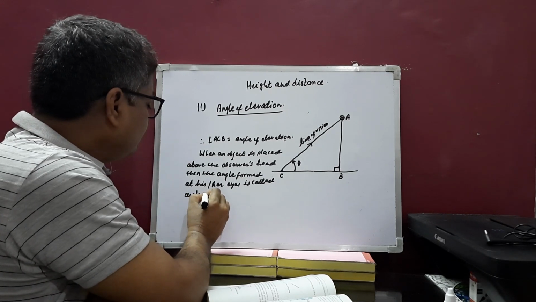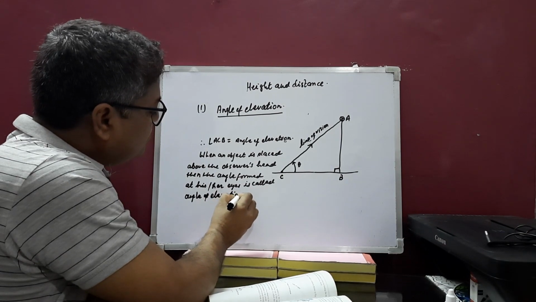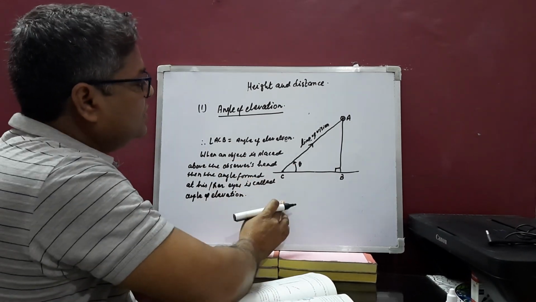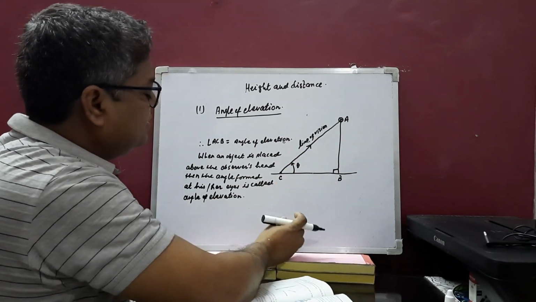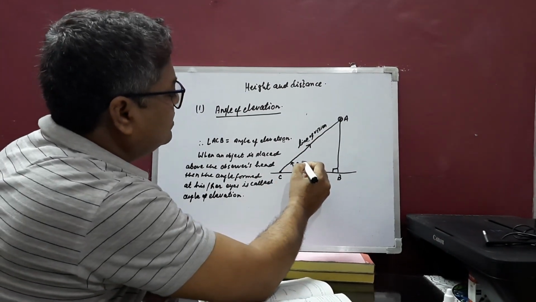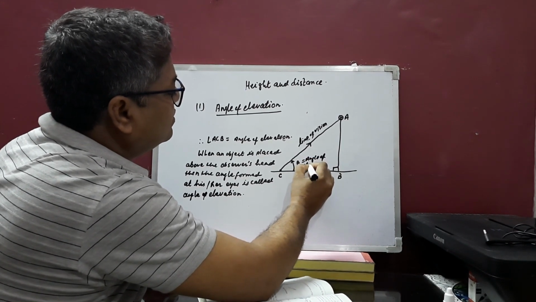Hence the angle ACB is called angle of elevation.